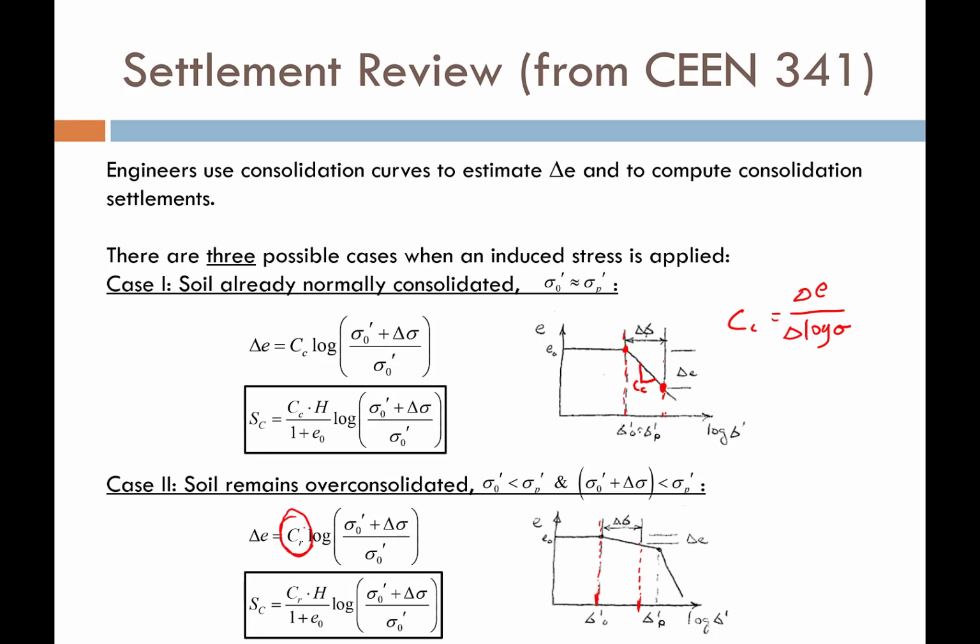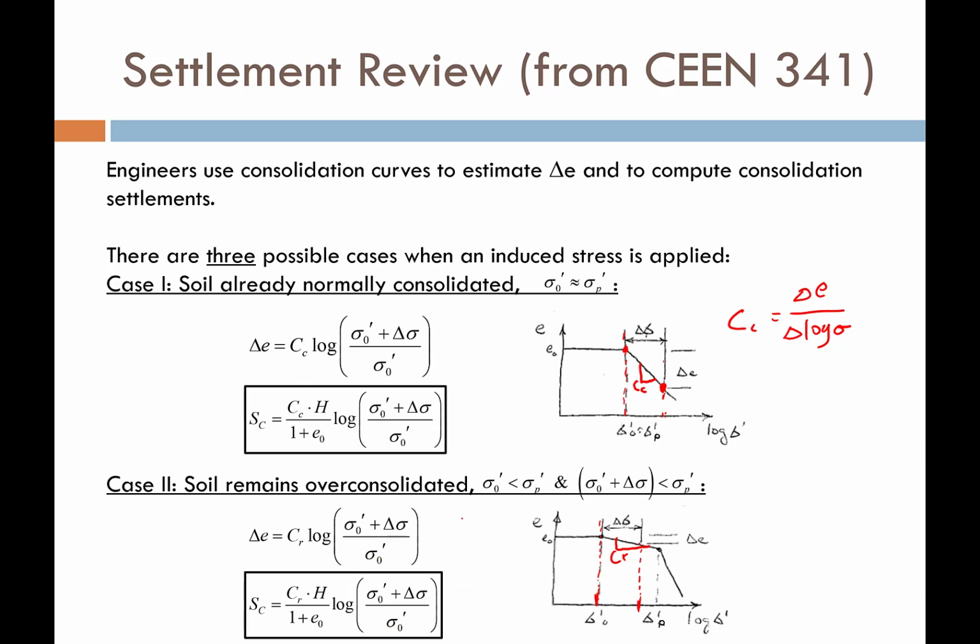I need to use the slope of the recompression line, that's going to be this slope right here. That's going to be C sub r. So you'll see this equation from case 1 is very similar to the equation from case 2. The only difference is I'm using C sub r instead of C sub c because I'm on a different slope of the curve. And that's how we would compute settlement for that.